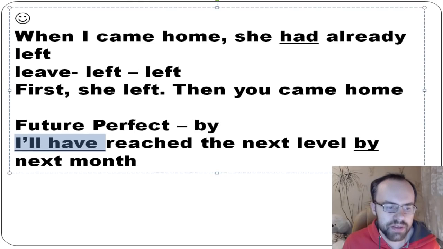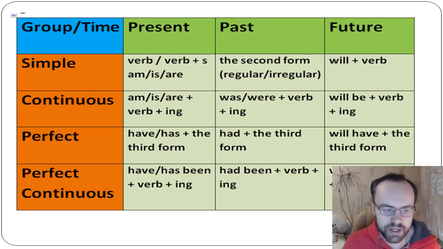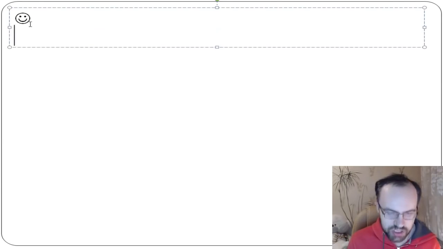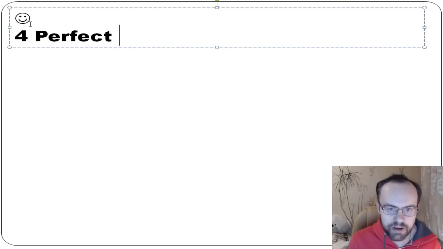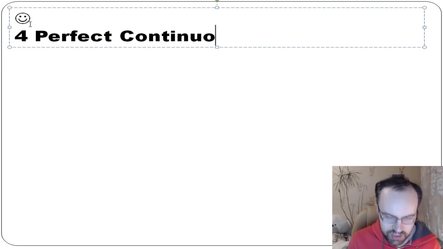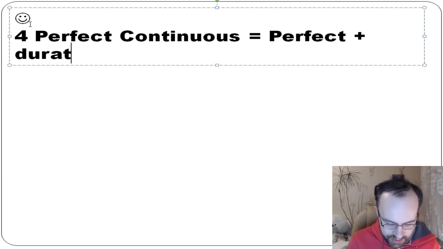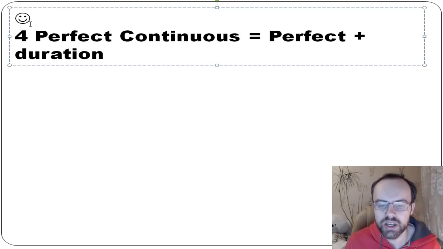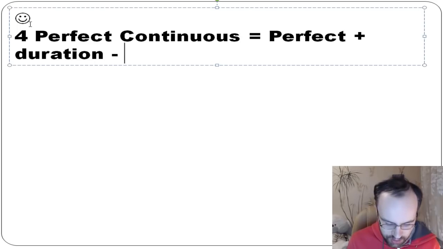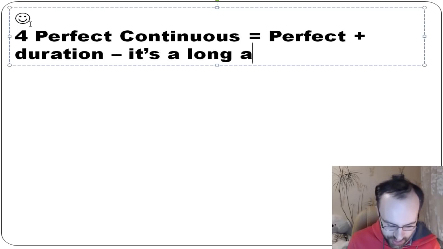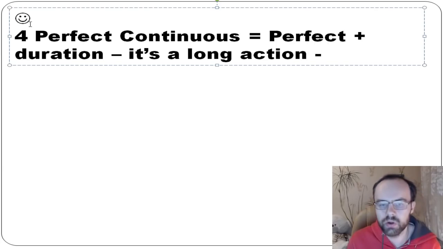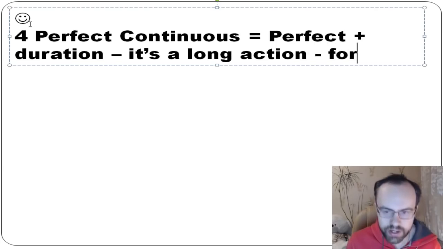If we look at this fourth group, perfect continuous, you just need to understand a very important thing. It's like the group present perfect, or the group perfect, but when there is a duration. Duration means it's a long action, and we often use it with special words like for.